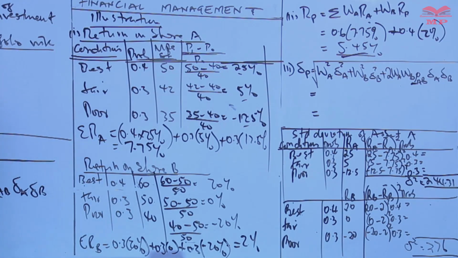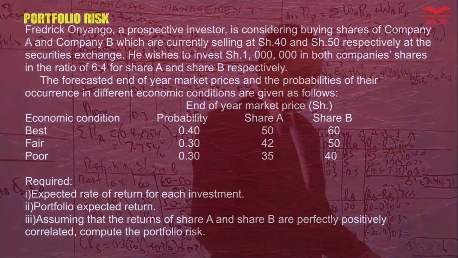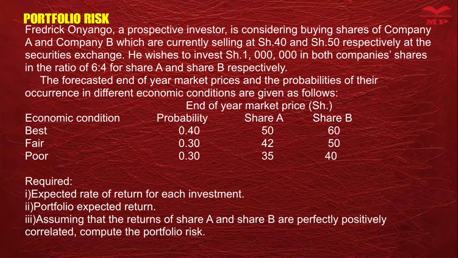correlation coefficient. How do we calculate the correlation coefficient? Now look at the question. The question reads that the forecasted end of year prices and the probabilities of the occurrence in different economic conditions are given as follows.